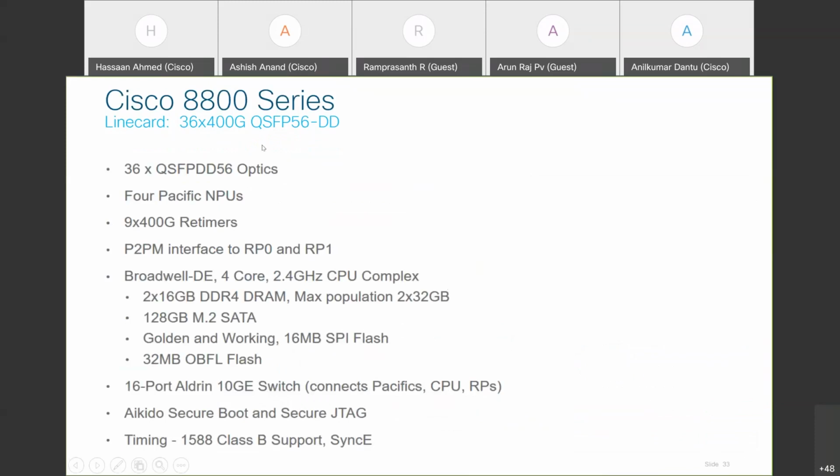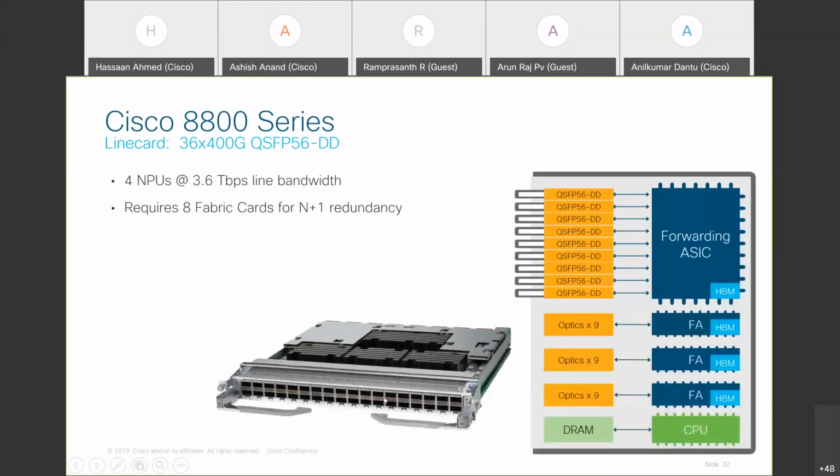So this is the information with regard to the line card. It has the 36 into 400 gig card with 4 NPUs. It has some retimers, like some of the NPUs are a little bit away from the optics. There is some distance between the optics and the NPU, so there is a retimer ASIC which does an amplification function.